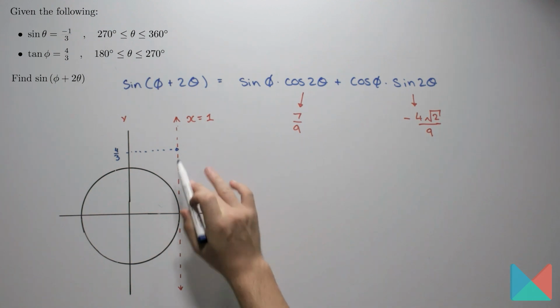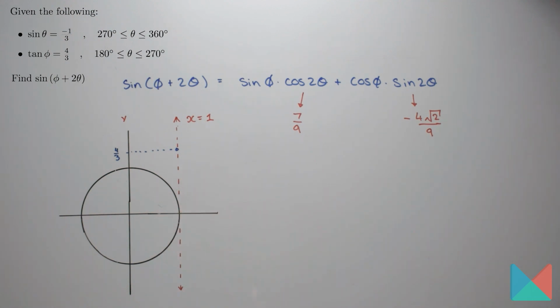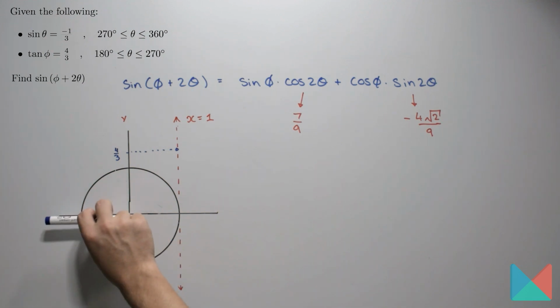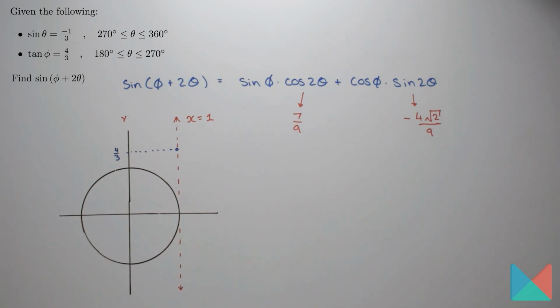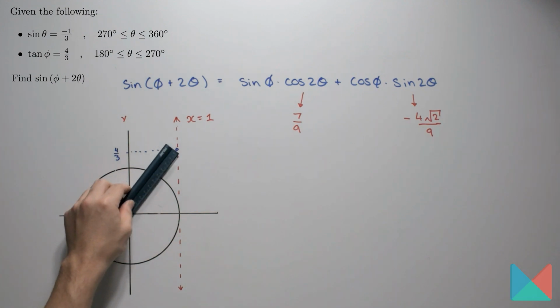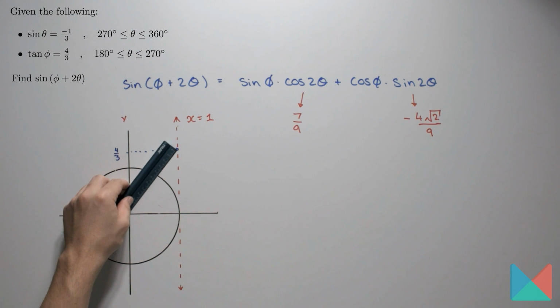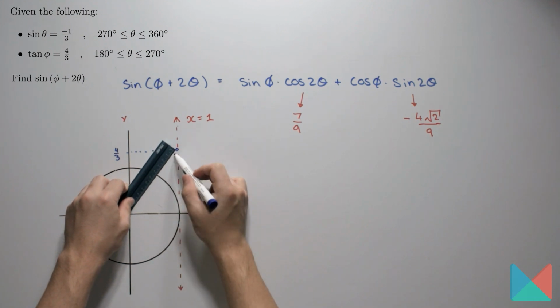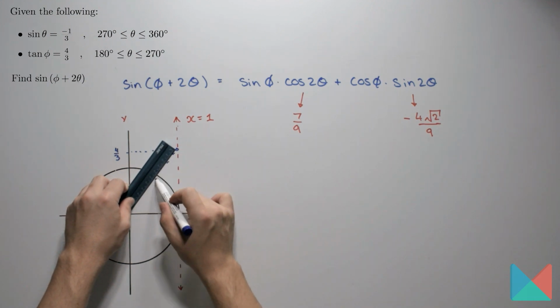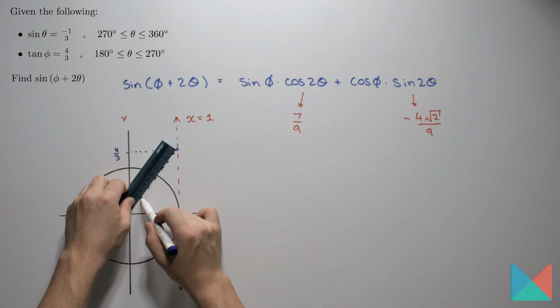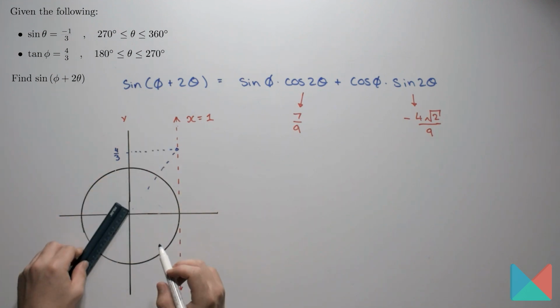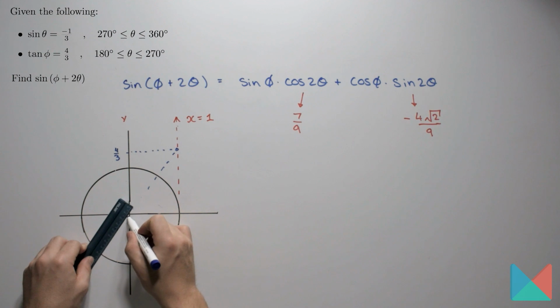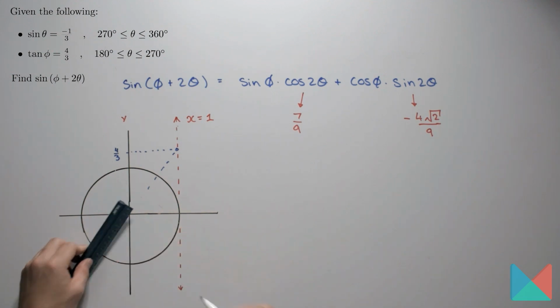The angle that this point will produce is going to occur in the third quadrant, as our domain for phi is between 180 and 270 as explained in the question. So let's extend a line into this quadrant from this coordinate. And so we'll come down from here. And our angle will be something like this.